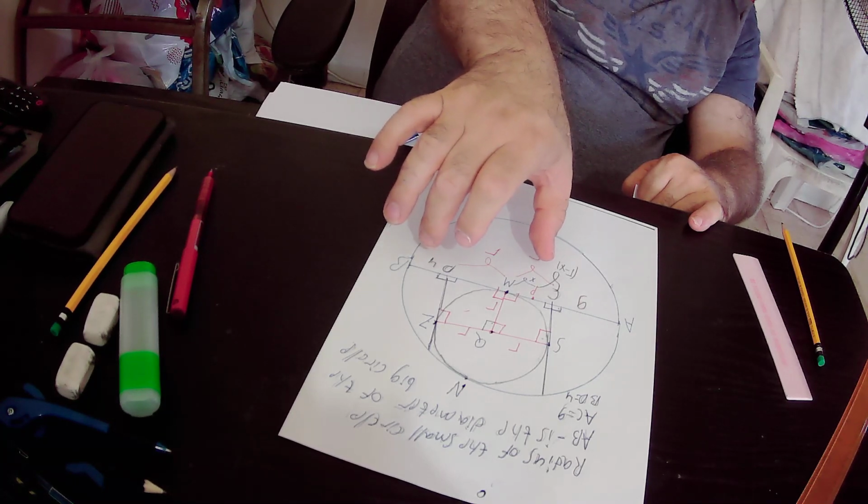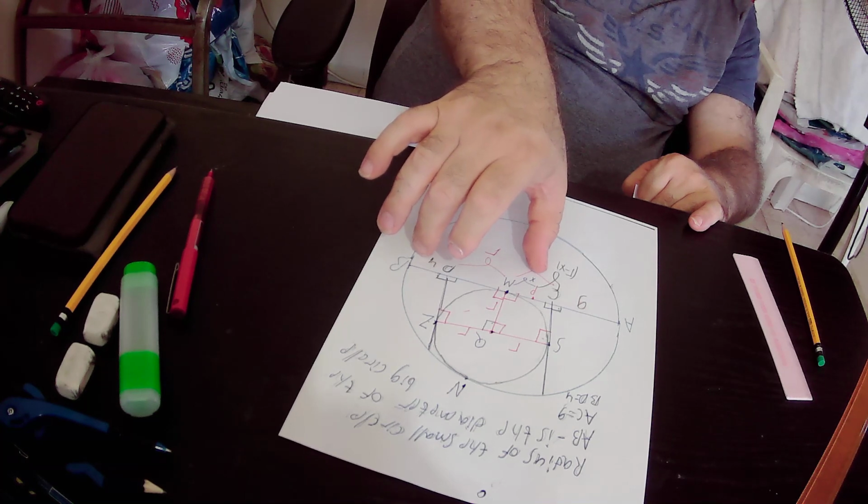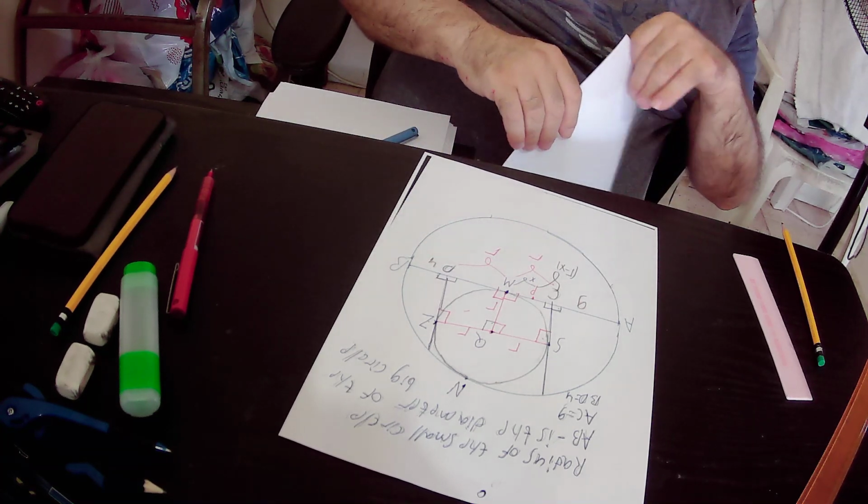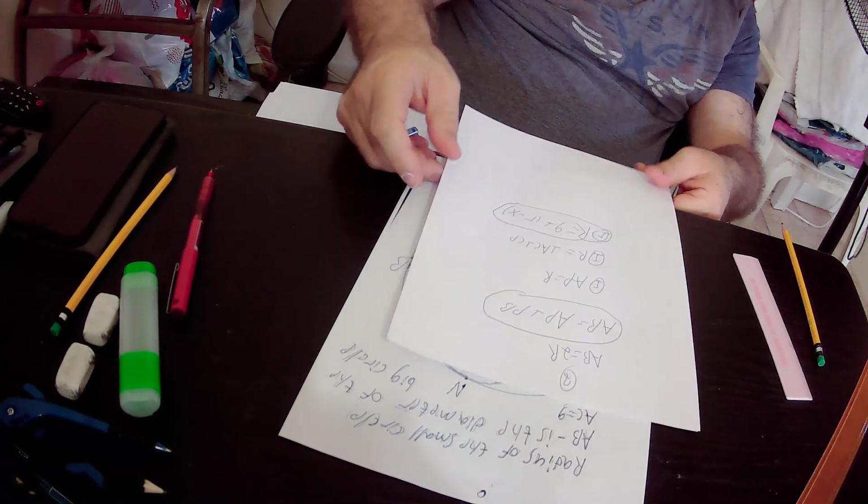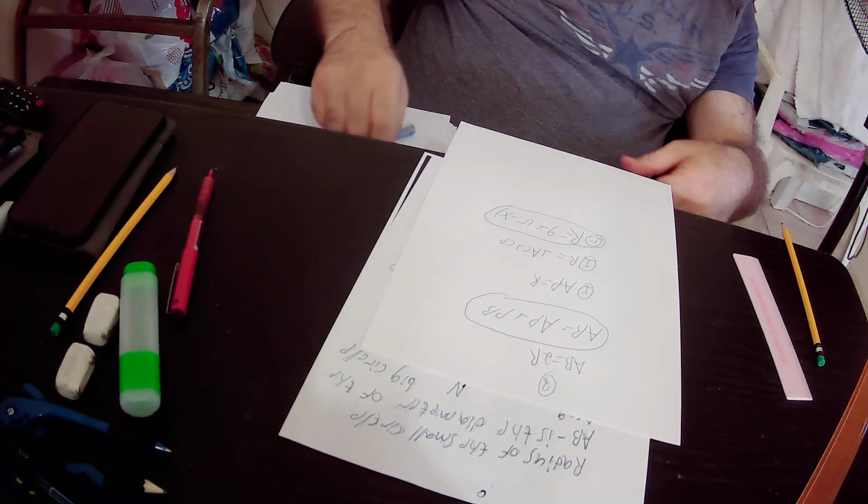The radius of the big circle also equals PB. So we will calculate it the second way.